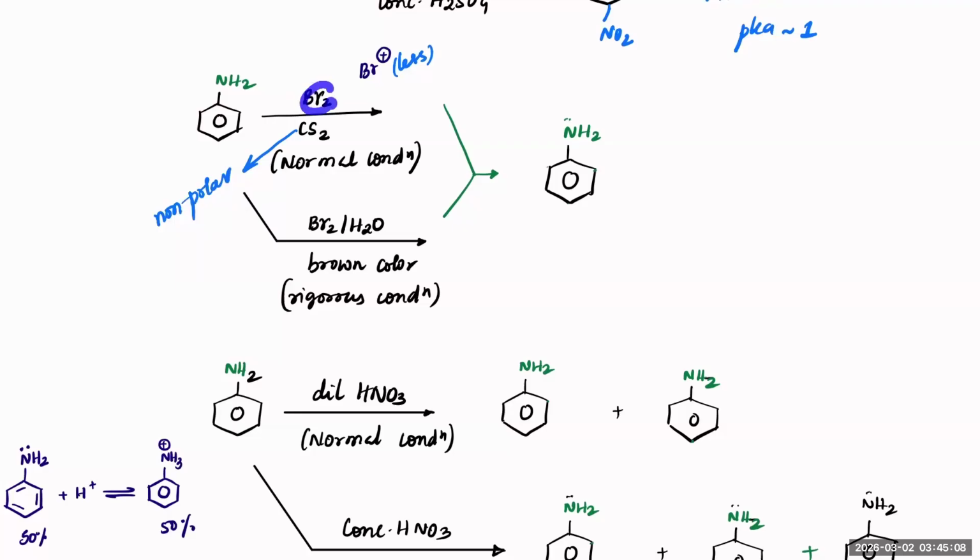Hence, bromine will not be in large quantity. NH2 is a very strongly donating group. Hence, it will activate all the positions for bromine. Therefore, you will again get a white precipitate here. The product you will get is 2,4,6 tribromoaniline.